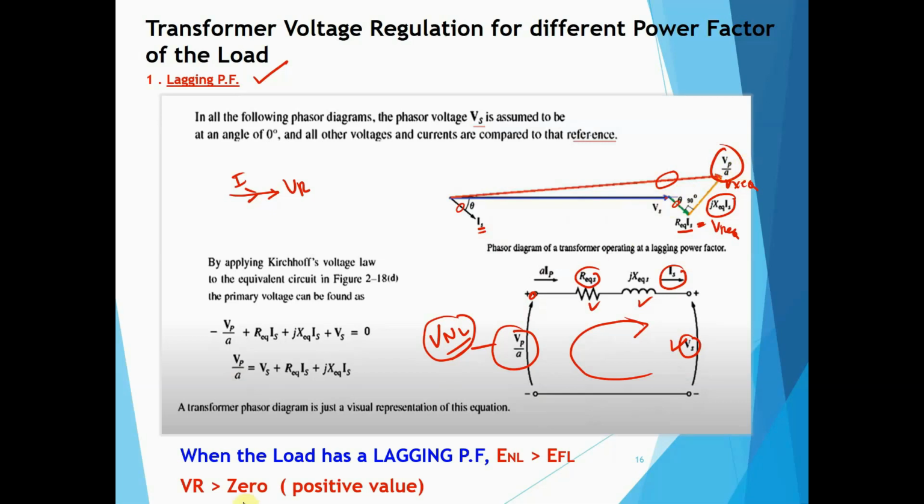So we can say that when the load is lagging, V no load is greater than V full load, and the voltage regulation is greater than 0. Why greater than 0? I will show you later the equation of voltage regulation. It means it's a positive value.